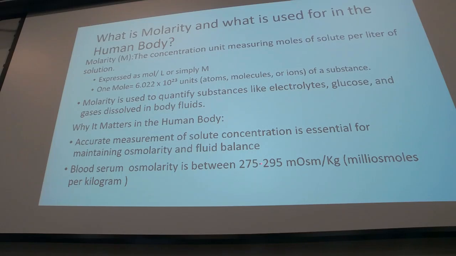So we have in our plasma between 275 to 295 milliosmoles per kilogram. So basically a milliosmole is 1,000th of a molar. And a kilogram is a unit of weight in the metric system that is more or less equivalent to 2.2 pounds.